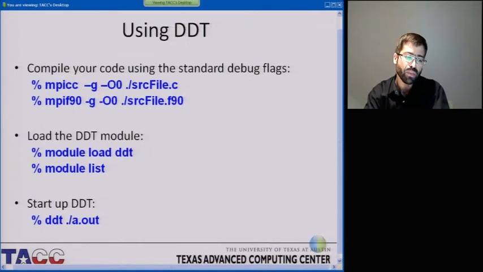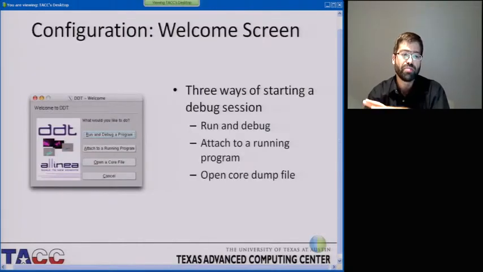requires. Once you do that, you will see a very simple welcome screen where you have essentially three ways of starting the debug session. You can run and debug a program, you can attach to a program which is already running, or you can open a core dump file to have a look at what happened in that case. This is for version 2.3.